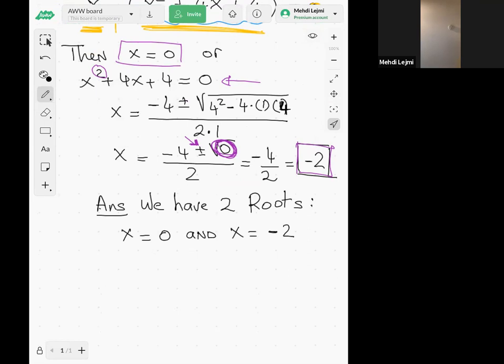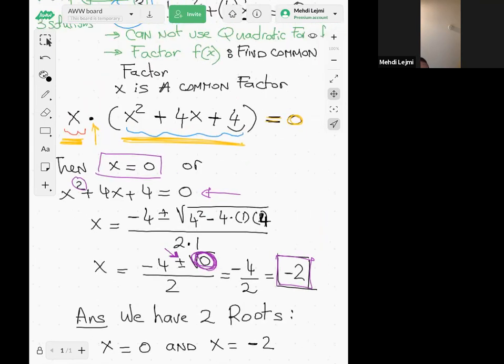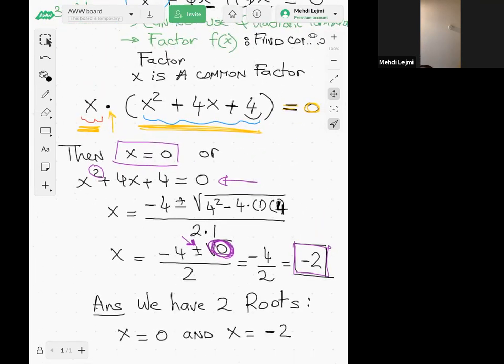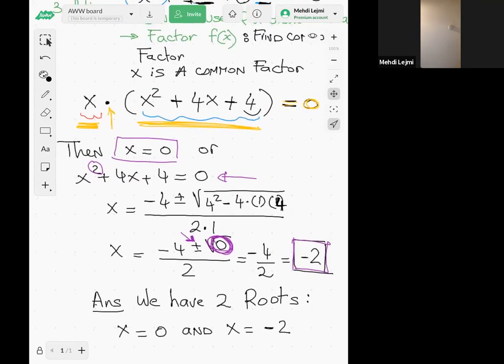So those are my roots. Now, you see, guys, how it works. You factor, it's equal to 0. Then one of the terms or one of the numbers is 0, and then you solve your equation, etc., right? So I got the roots.